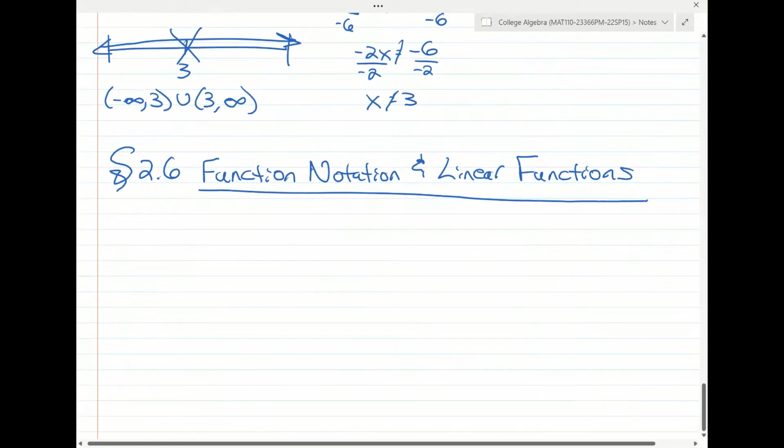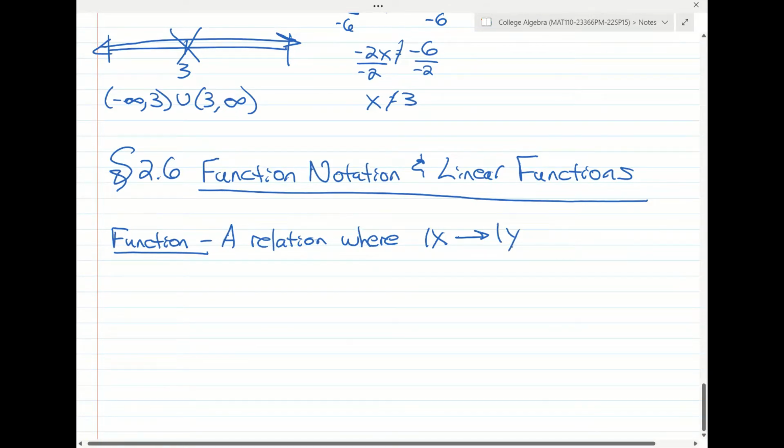Okay, so just as a reminder, what a function means. Function just means a relation where one x goes to one y. That's what we talked about.